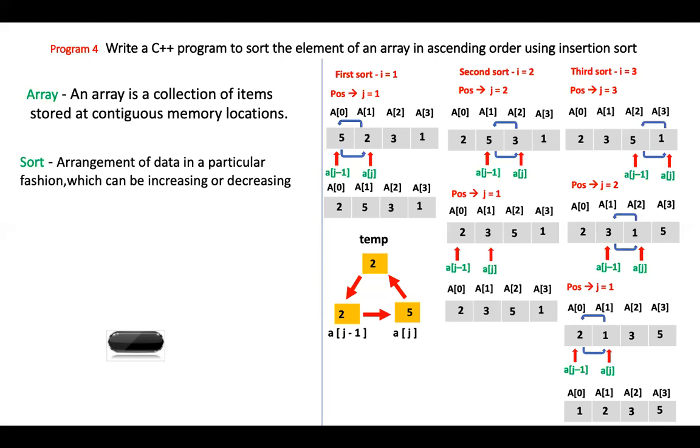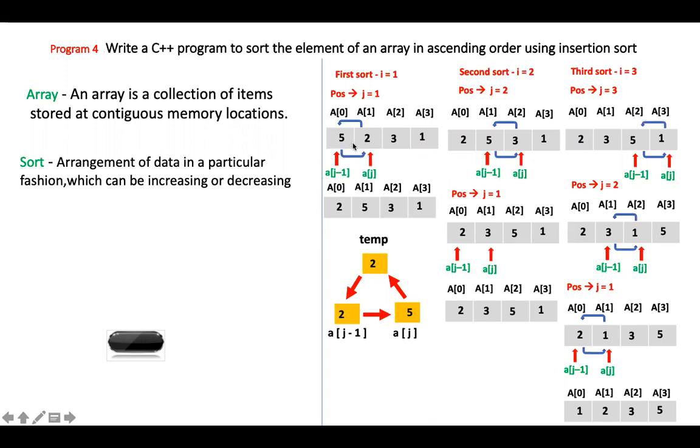I think in your classes also, ma'am has given you the algorithm as well as these things, right? Yes, sir. So this is the procedure, how you will compare. If you write j is equal to 1, it will select a of 1 and a of 0. How a of 0? If you subtract 1 from j, then it will shift to your first location.